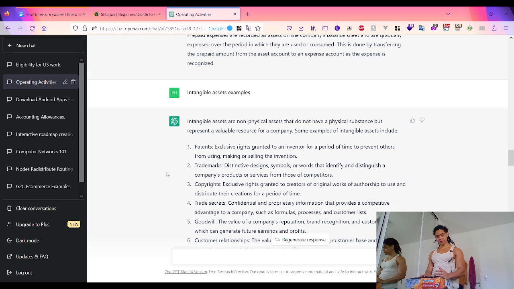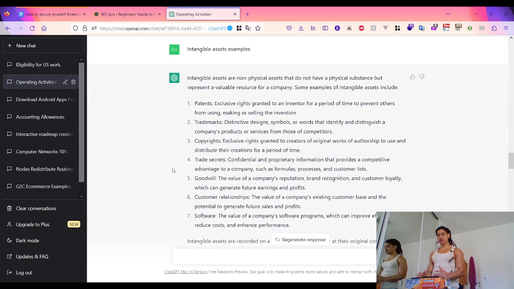Trade secrets, confidential and proprietary information that provides a competitive advantage to a company, such as formulas, processes, and customer lists.